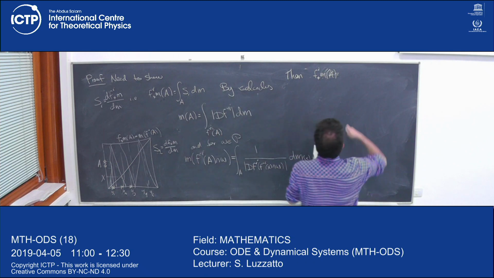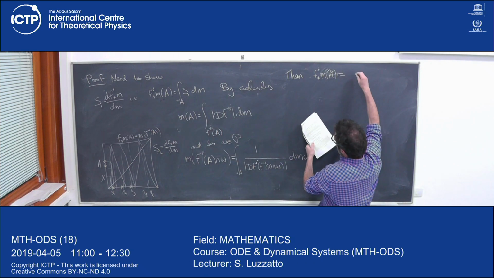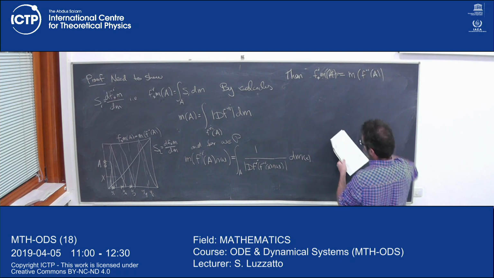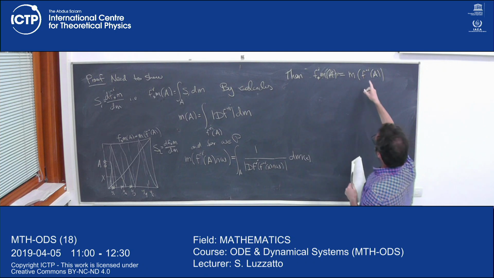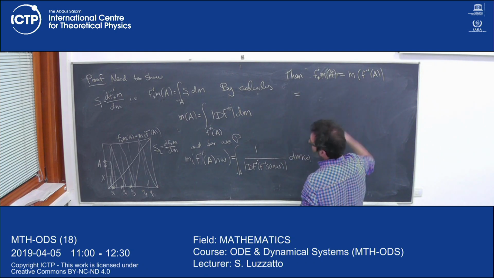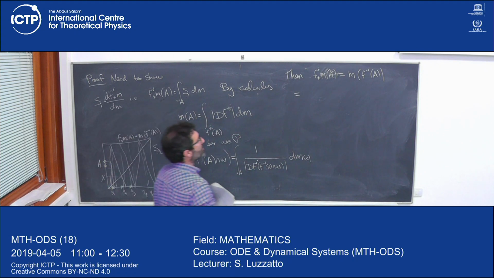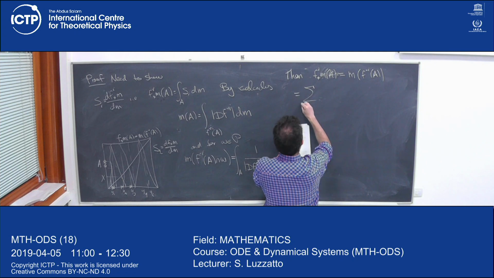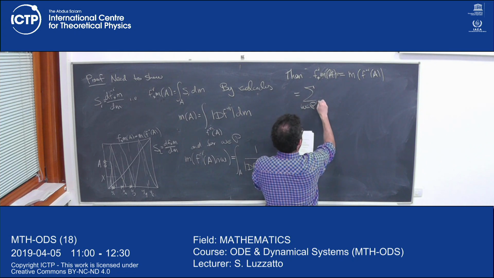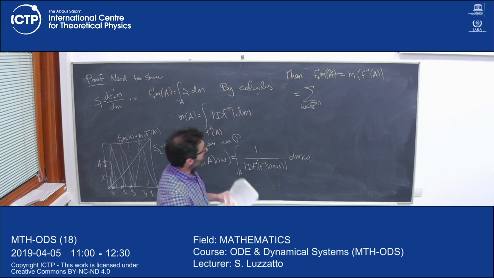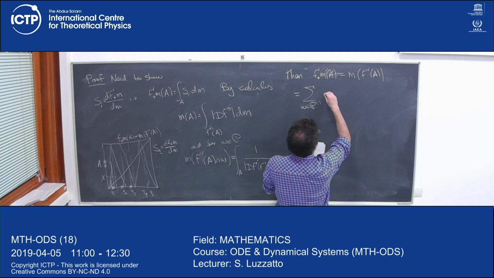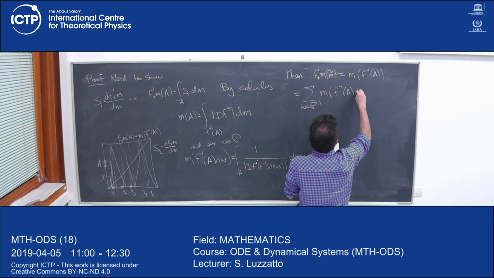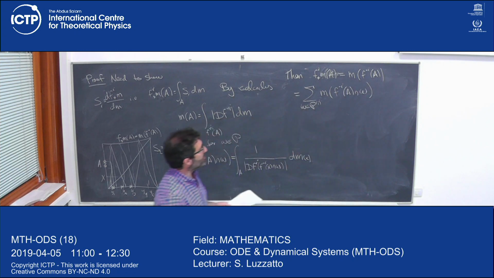If you remember the definition, this is equal to the measure of f minus I of A. The pre-image of A has all these different components, so this is just the sum over all omega in P_I, the full branch map corresponding to f_I, of the measure of f minus I of A intersection omega, restricted to each omega.